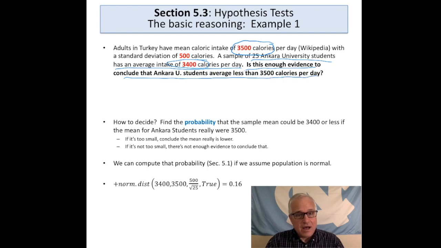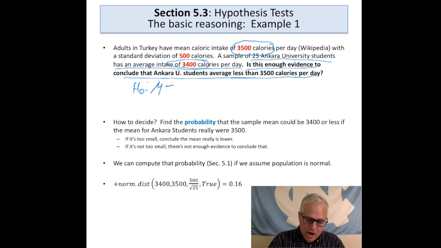And this is not the most natural question we should ask. Usually we just ask, is this enough evidence to decide that Ankara students have a different caloric intake than the rest of Turkey? But I want to remind you that in this case, where I specified less than, we ended up with a null hypothesis, and I'm going to talk more about null hypotheses today.